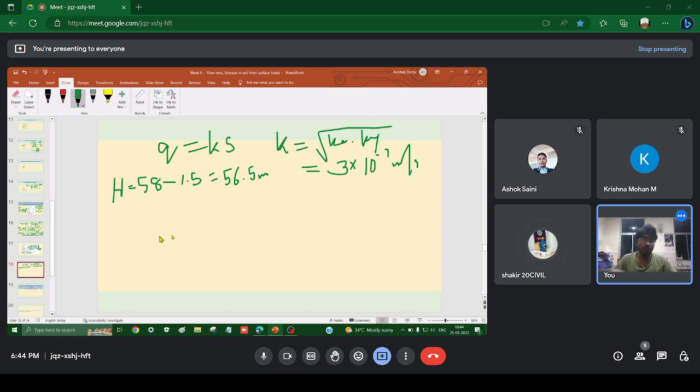So for finding out this focal distance, you need H and you need D. What is D?